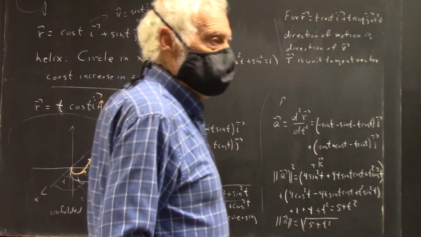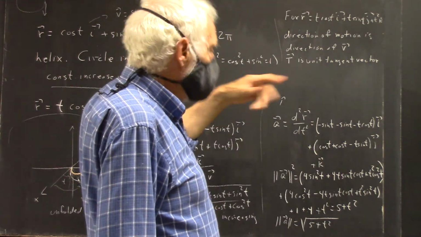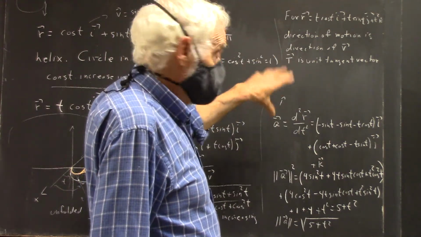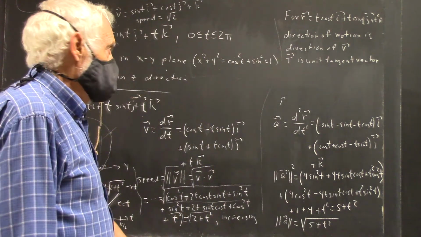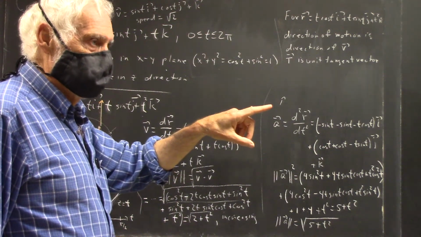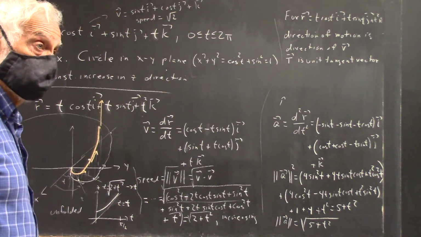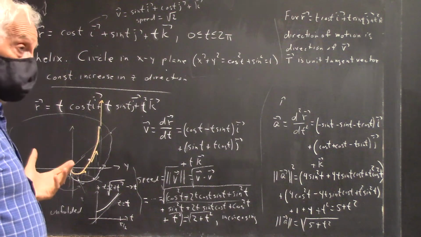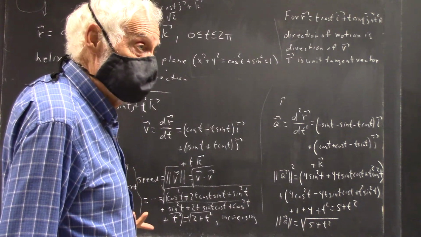T is the unit tangent vector. I don't have room left to write out the next part of the statement, but the next part of the statement would just be that, well, your velocity is in the direction of your unit tangent vector. These velocities are always tangent to the curve, okay? If you want a unit tangent vector, you just divide the velocity by its magnitude.